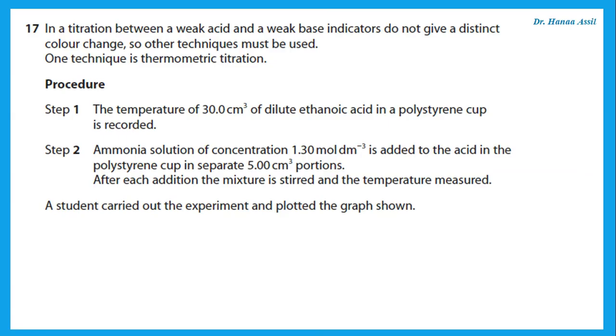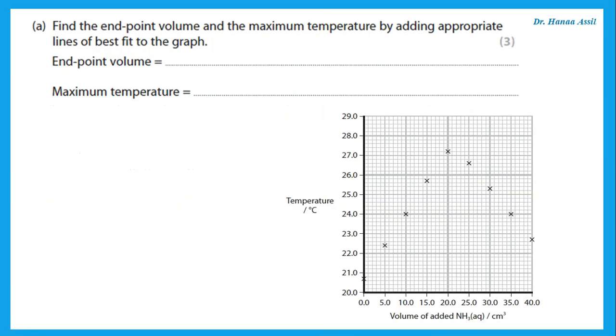Ammonia solution of a certain concentration is added to the acid in the polystyrene cup in separate 5 centimeters cubed portions. After each addition, the mixture is stirred and the temperature measured. A student carried out the experiment and plotted the points.